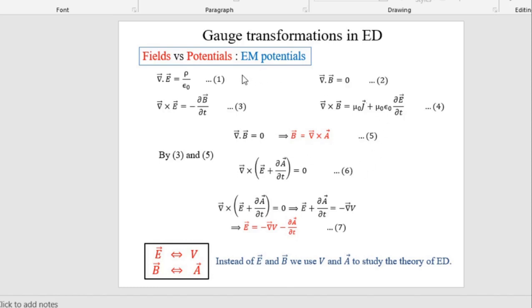Here we will discuss the electromagnetic potentials, that means the scalar potential V, or the electric potential V, and the magnetic vector potential A.